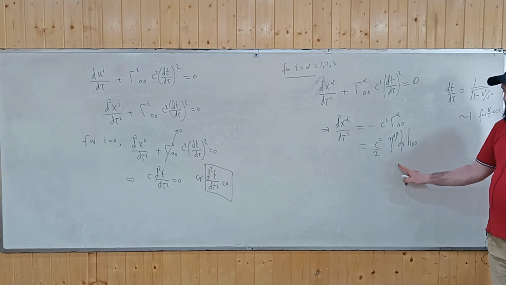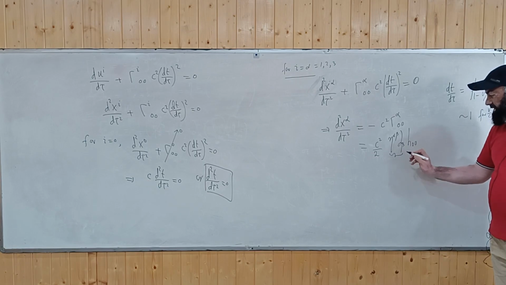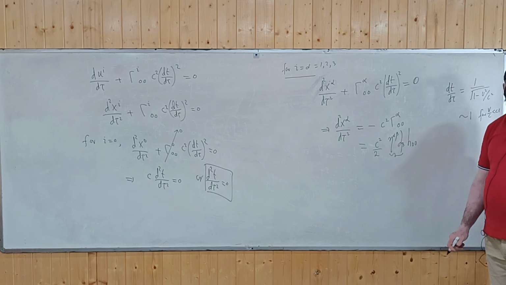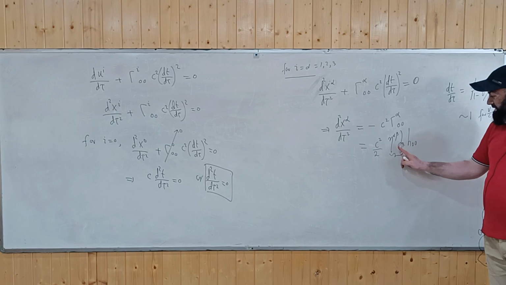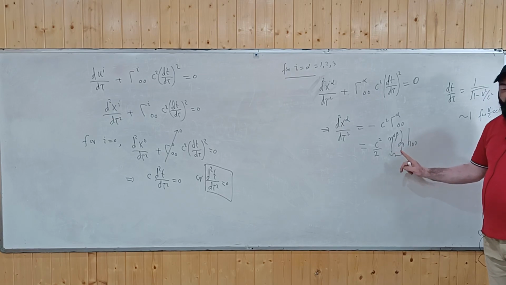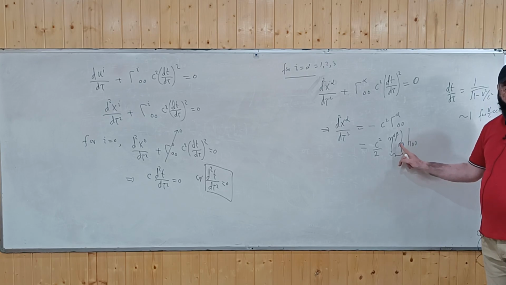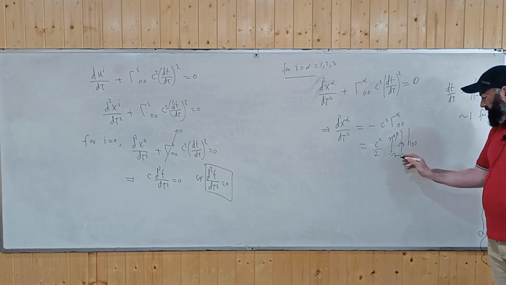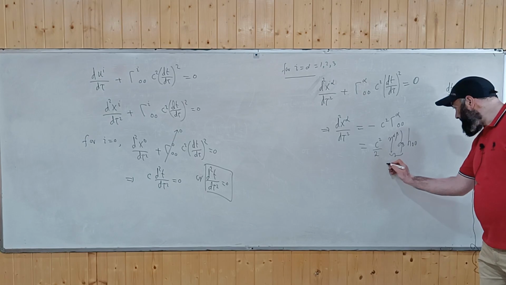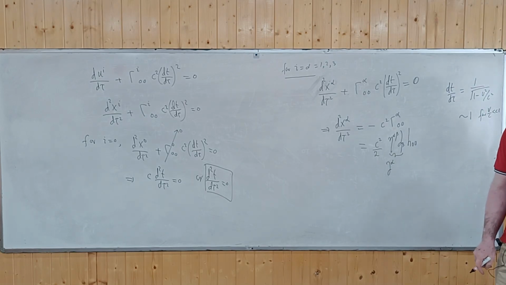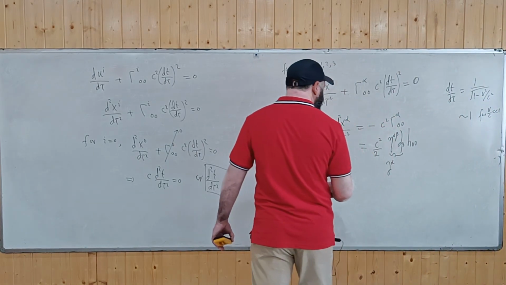Is it true? What is this object? It is the alpha component of the gradient, because this is d by dx, so I can write it as partial alpha. This is the alpha component of the gradient.